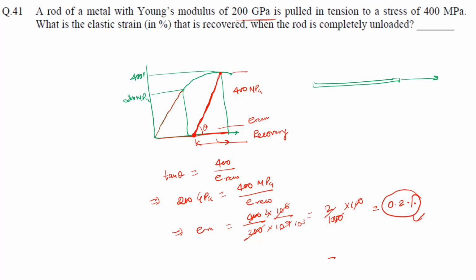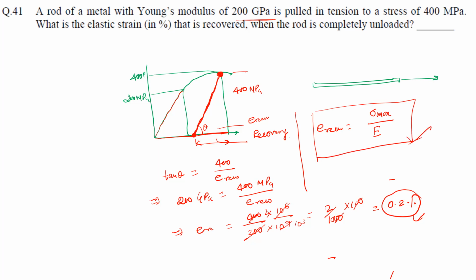Or you can simply remember the elastic recovery which takes place is equal to the sigma max, means the sigma which is over there, divided by the elastic modulus. This is a simple formula which directly comes from using this equation.